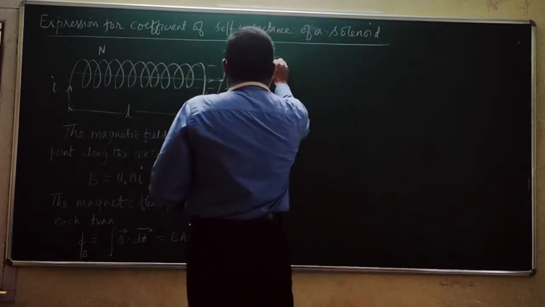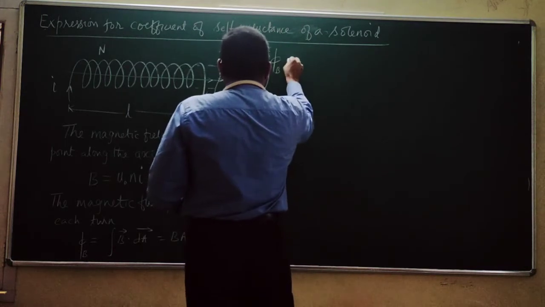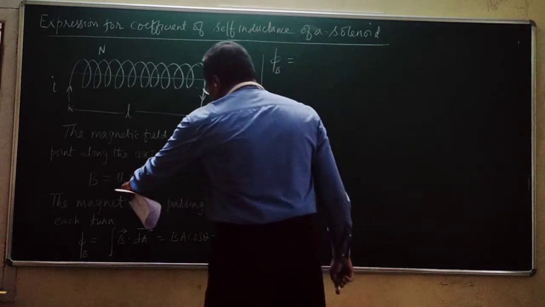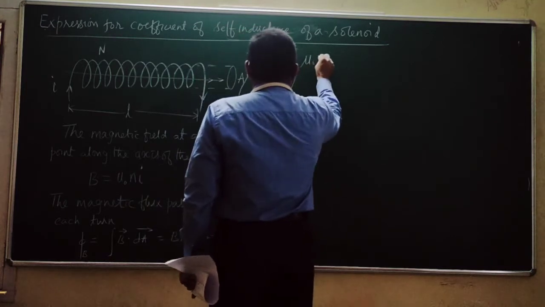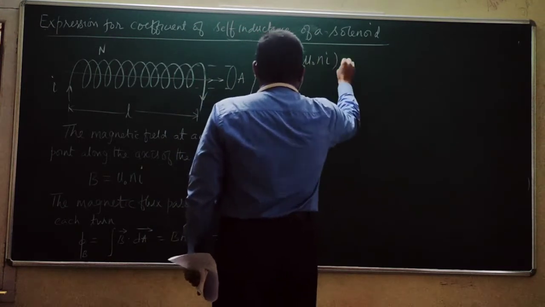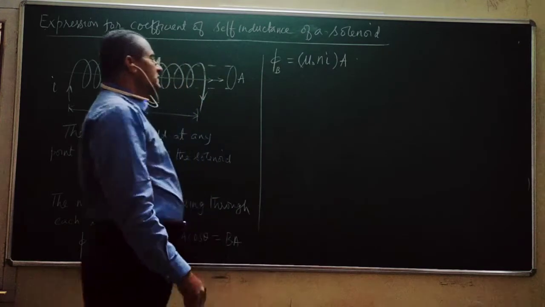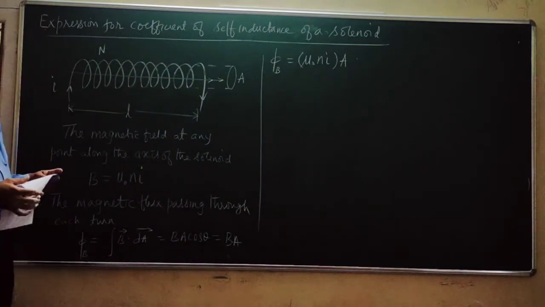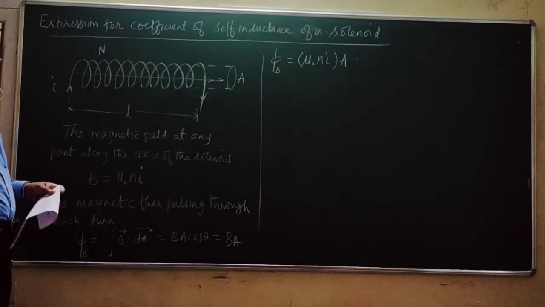Therefore, phi B is equal to, in the place of B, I can substitute mu naught n I, into A. This is the magnetic flux associated with one turn.